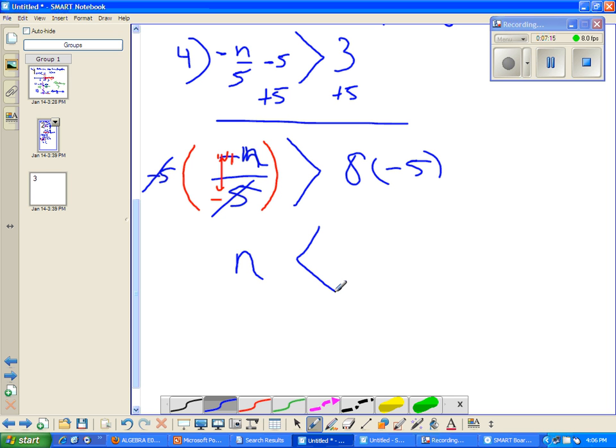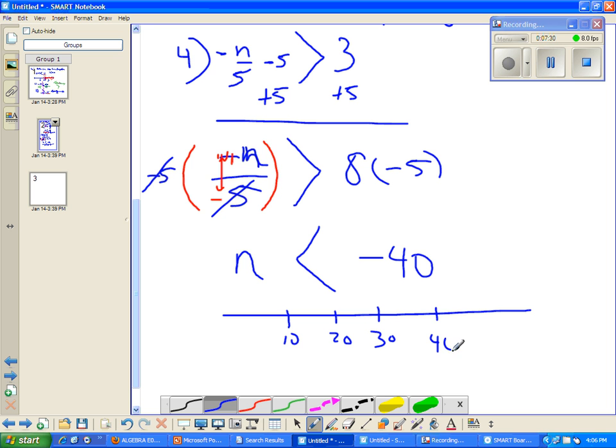And now I multiply 5 times negative 5, which gives me negative 25. Graph the number line. We've got 10, 20, 30, 40. I do an open circle because it's not included. N is less than, and, oops, I should have done it the other direction.